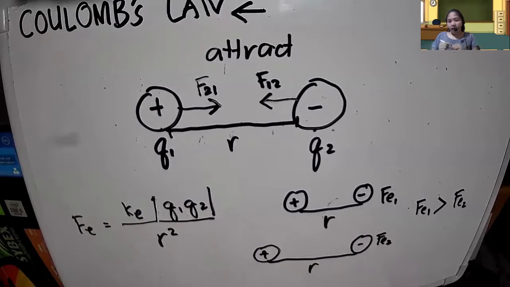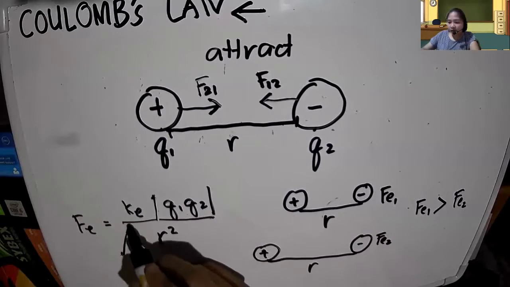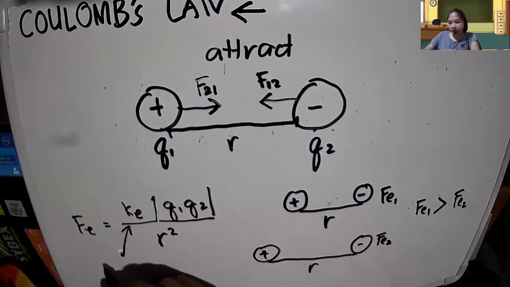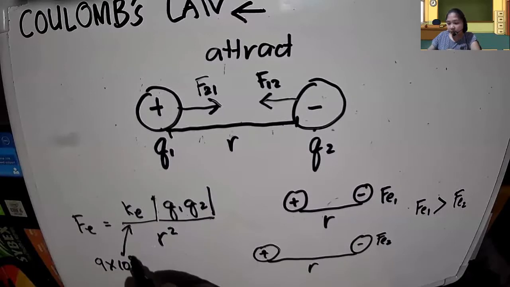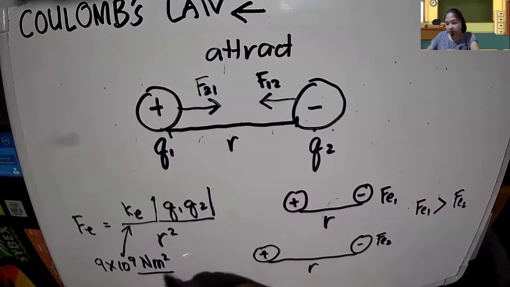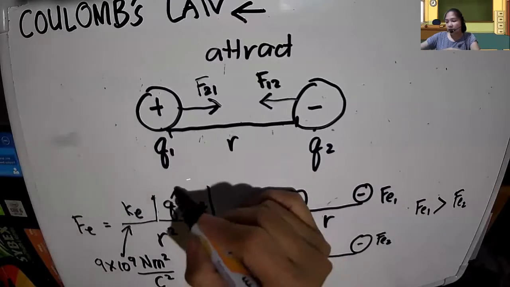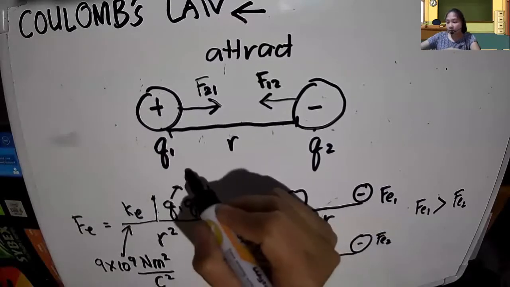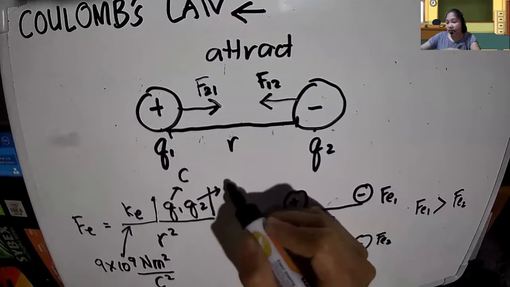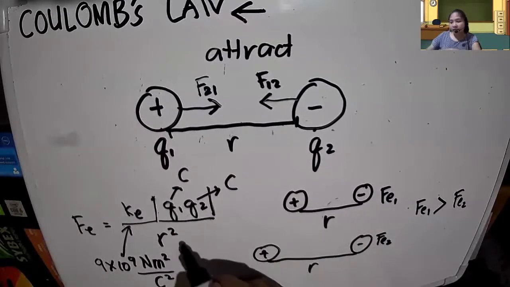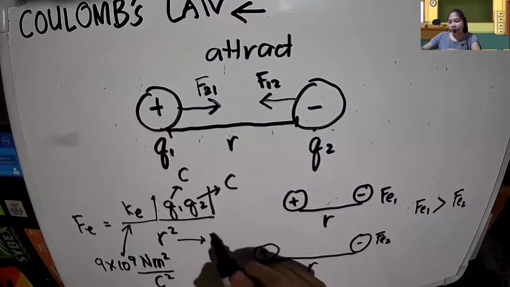Take note that K here is a constant, so it has a fixed value, approximately 9 times 10 to the power of 9, and the unit is Newton meter squared over Coulomb squared. Our Q is in terms of Coulomb, and our distance is in terms of meter.